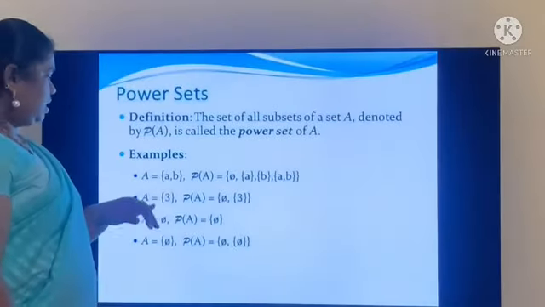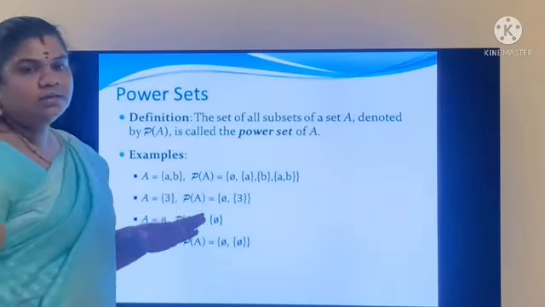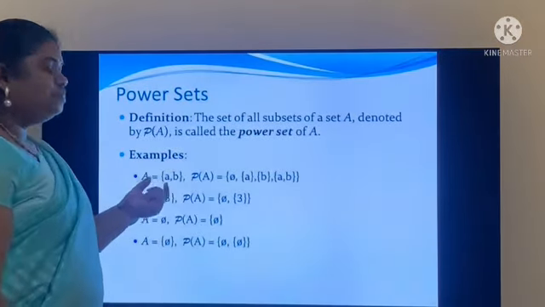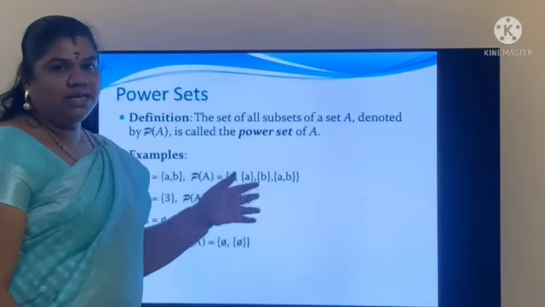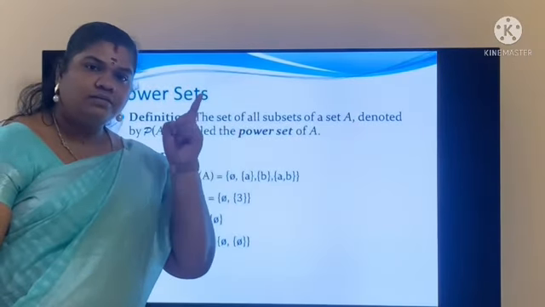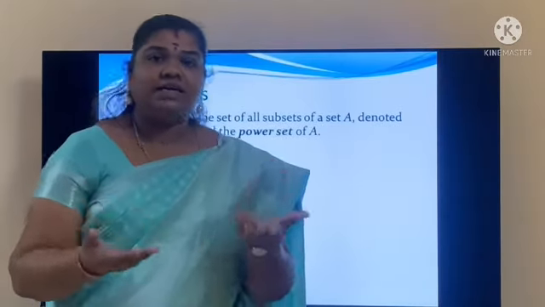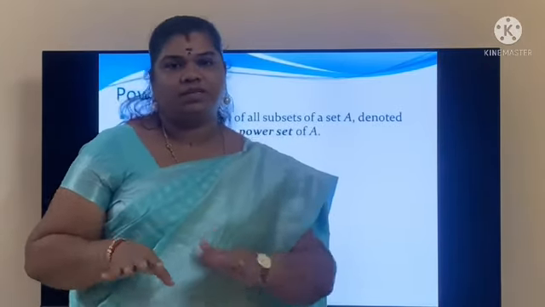Now examples. Set A is {a, b}. I told you that we are going to write the subsets. So for every power set, the null set will be one subset, and the set itself will be one subset.